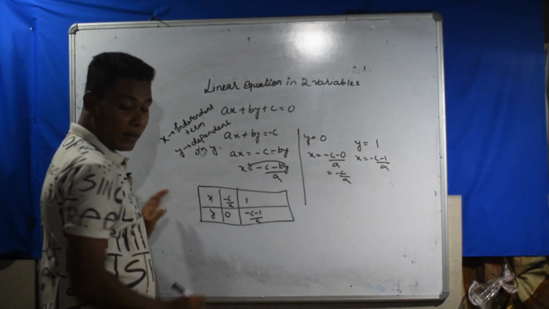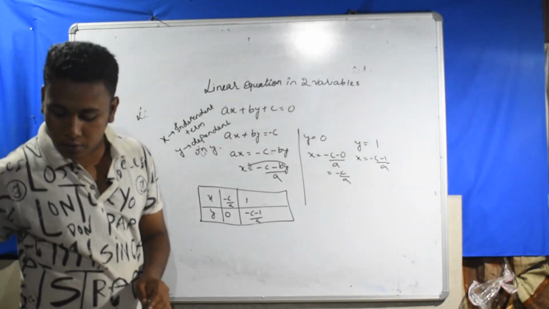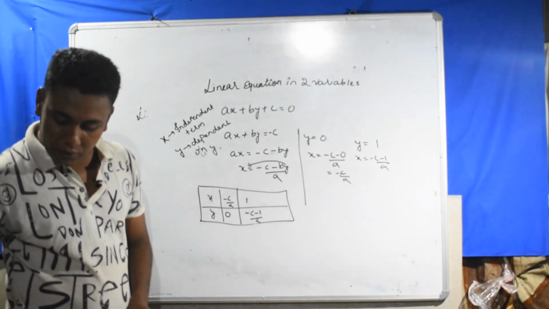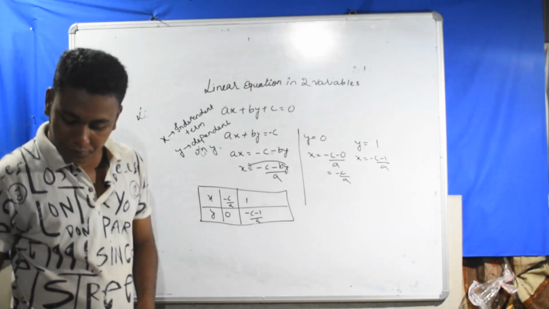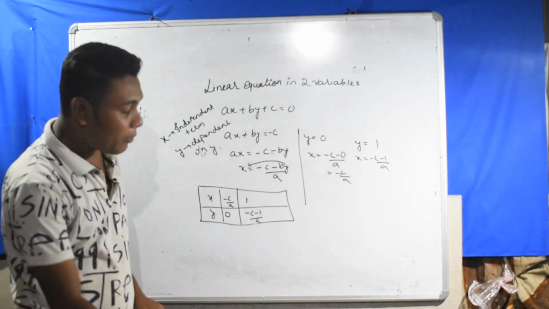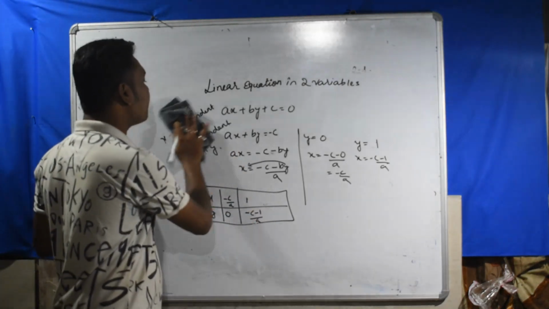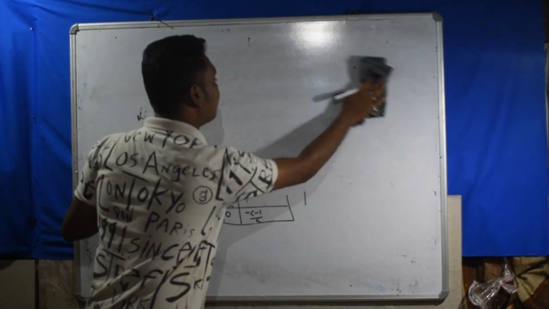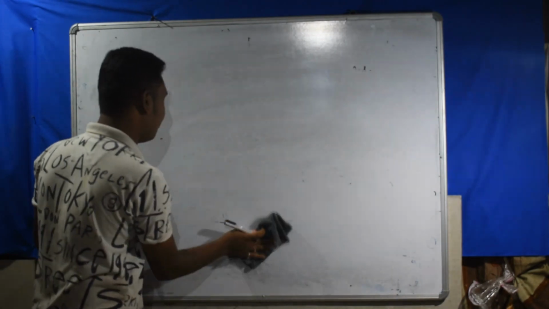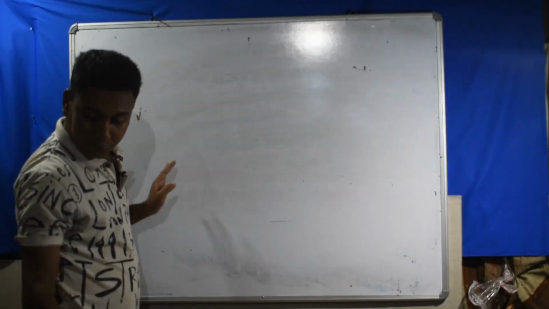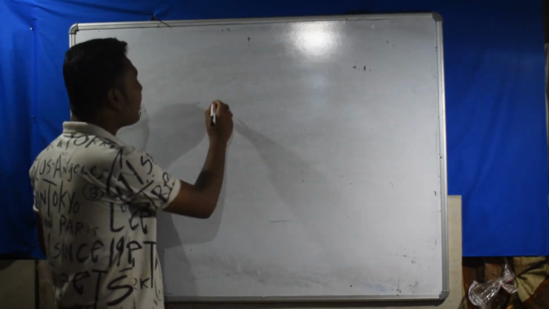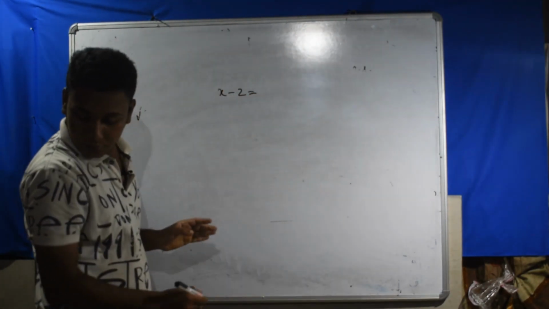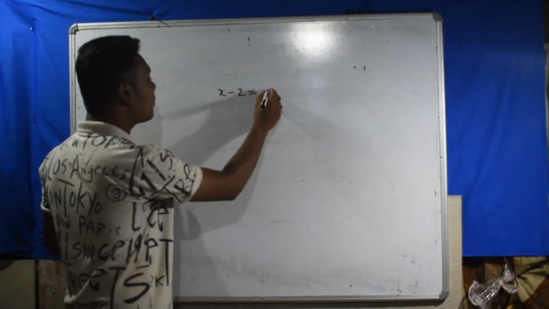Let us see an example of a linear equation. I have the equation x minus 2y is equal to 0.